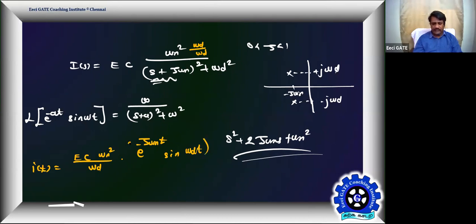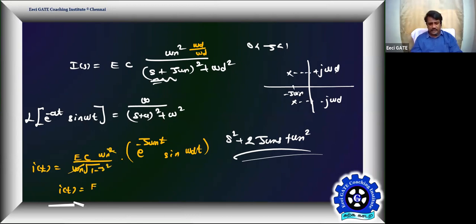Is everyone getting it? That's your current i(t), with ωd equal to ωn times root of 1 minus ζ². Replace it. This ωn will get cancelled.